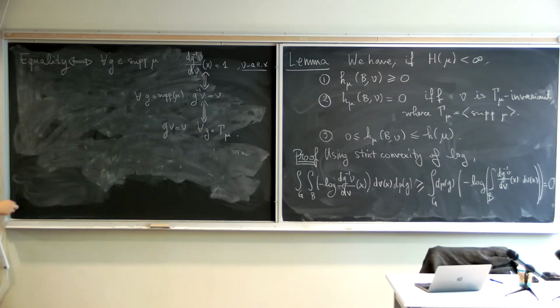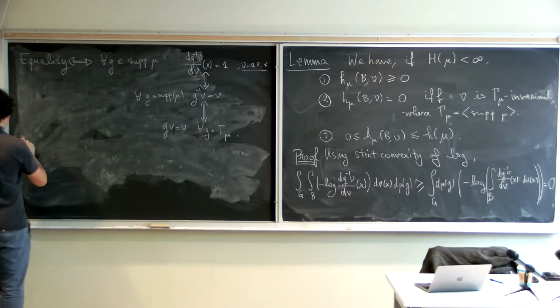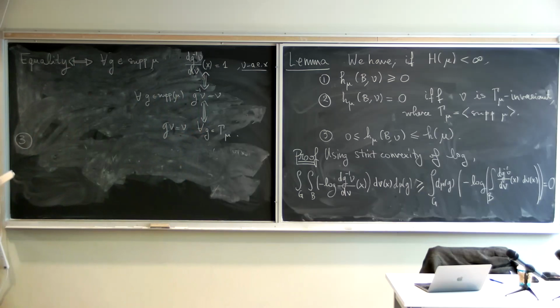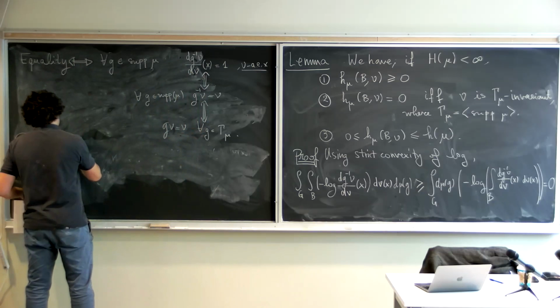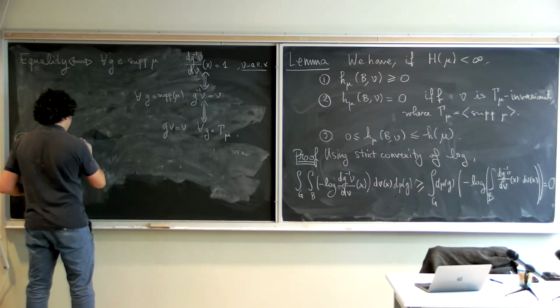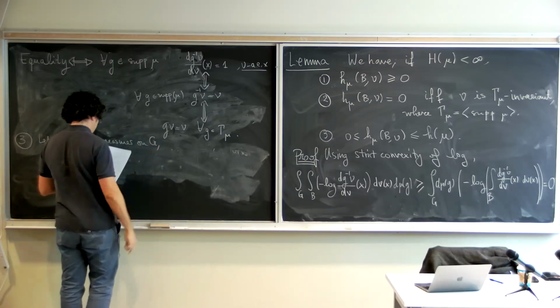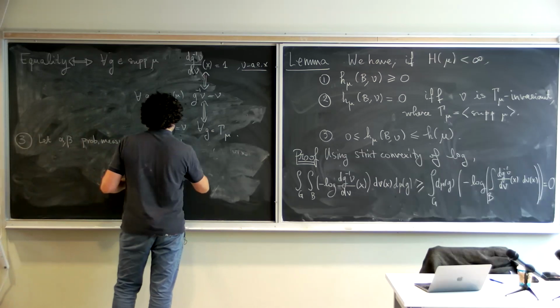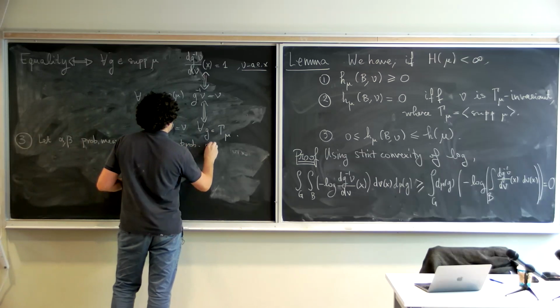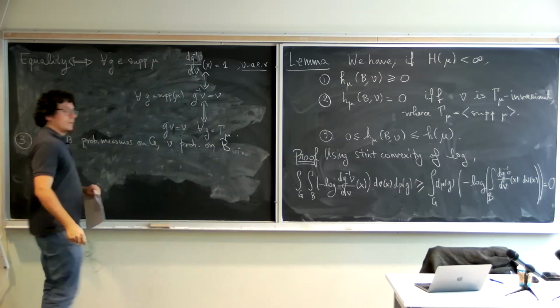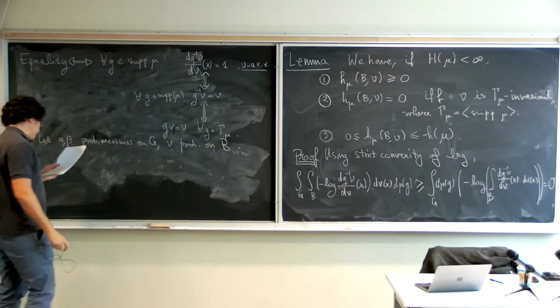And the other thing is the proof of 3. So proof of 3 requires a few more computations. So we say that if you start with alpha and beta probability measures on G, and nu a probability measure on B, and now we claim the following.